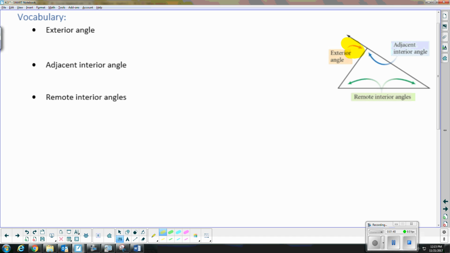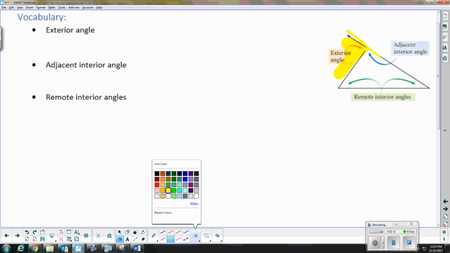This angle right here, that's your exterior angle. So an exterior angle is an angle formed by extending one of the sides beyond the vertex. So in this example, one of those sides is extended beyond the vertex. Here's the vertex, this side goes beyond it. So that forms an exterior angle.